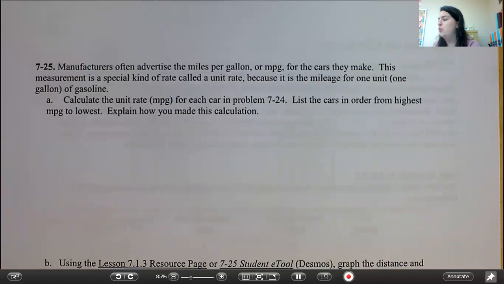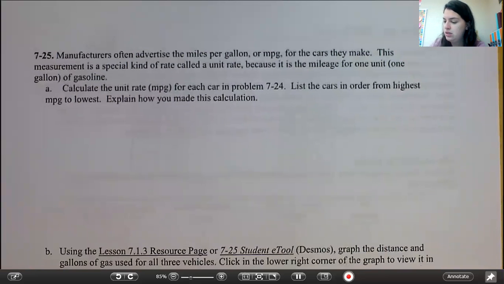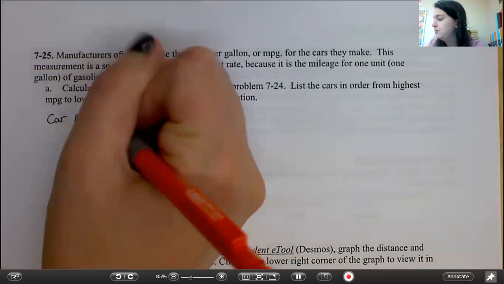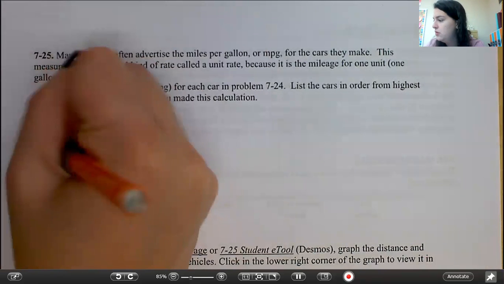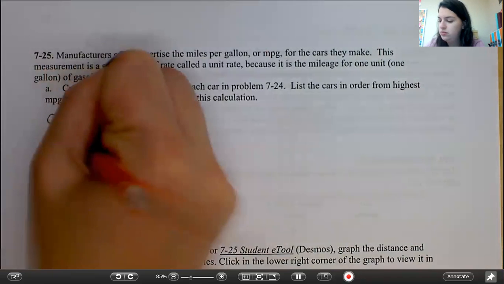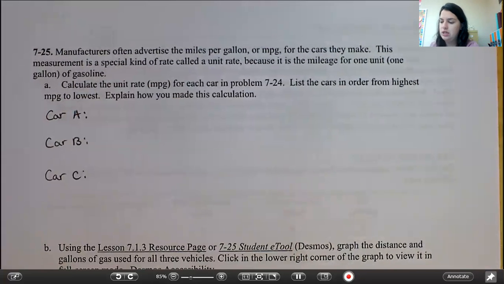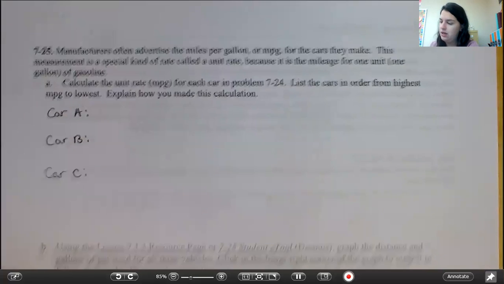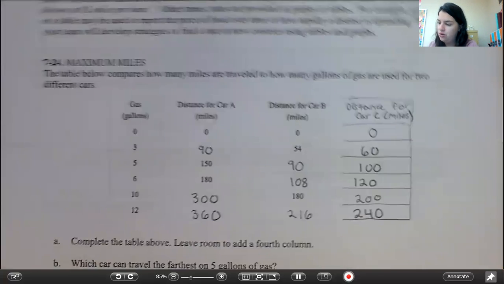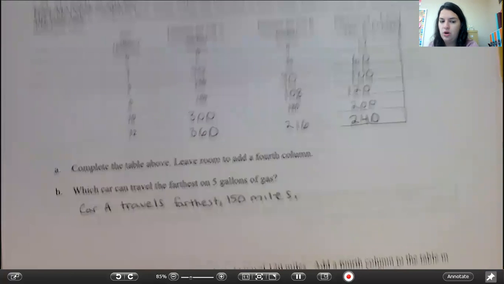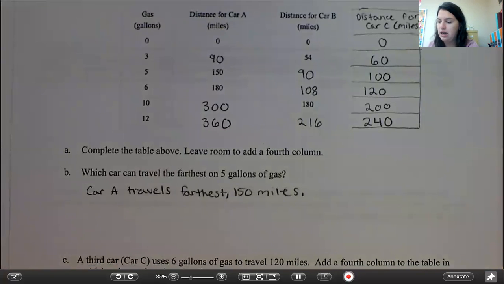So I'm going to work with you a little bit on this. So car A, car B, car C. We're going to start with car C because we already found the unit rate for car C. Over here, I told you that the car went 120 miles for every 6 gallons.